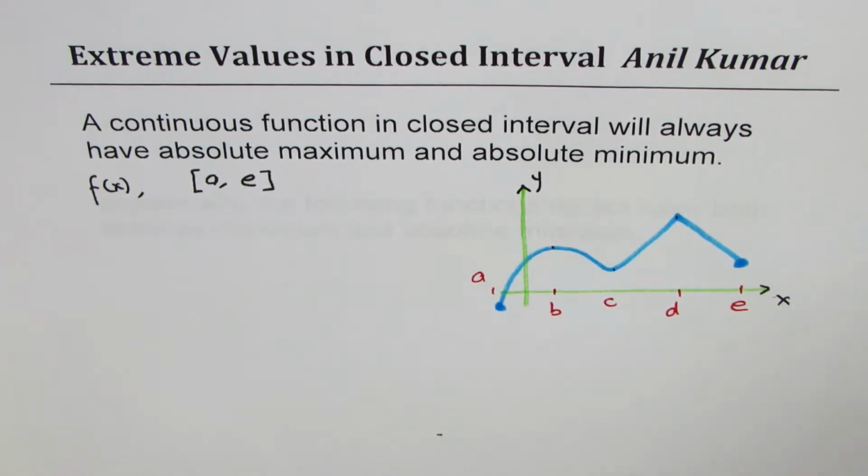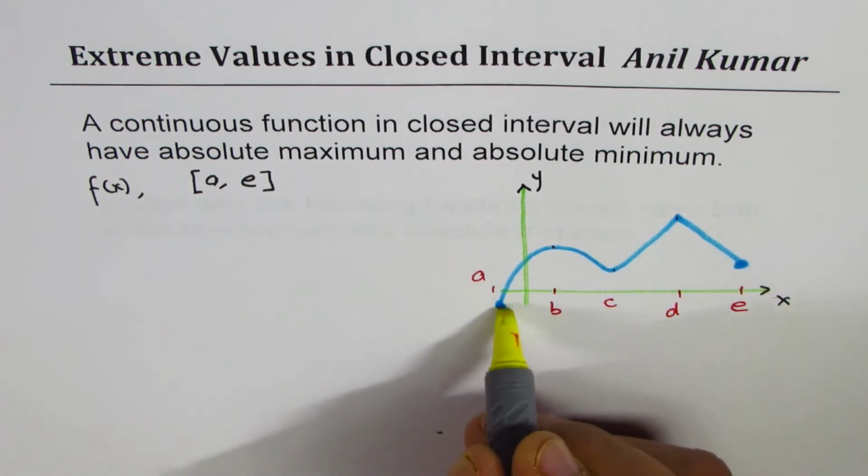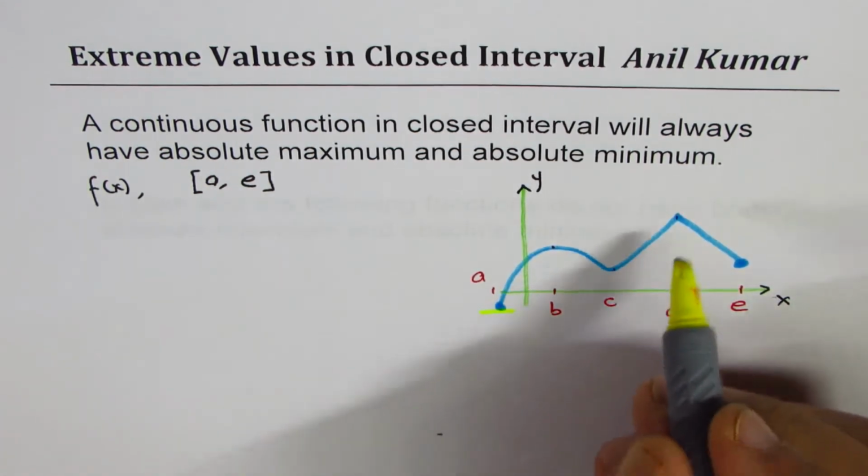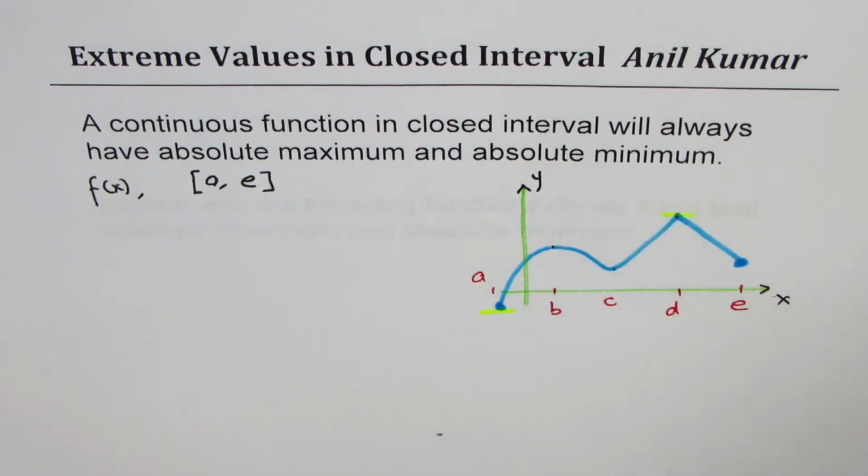So as you can see here, we do have a value which is absolute minimum. There's nothing lower than this value, is it okay? And there's nothing higher than that.